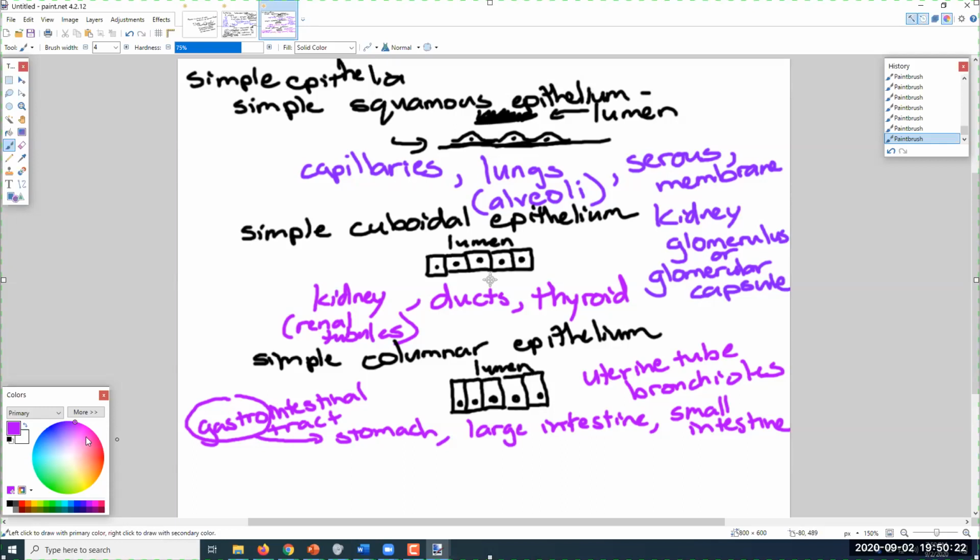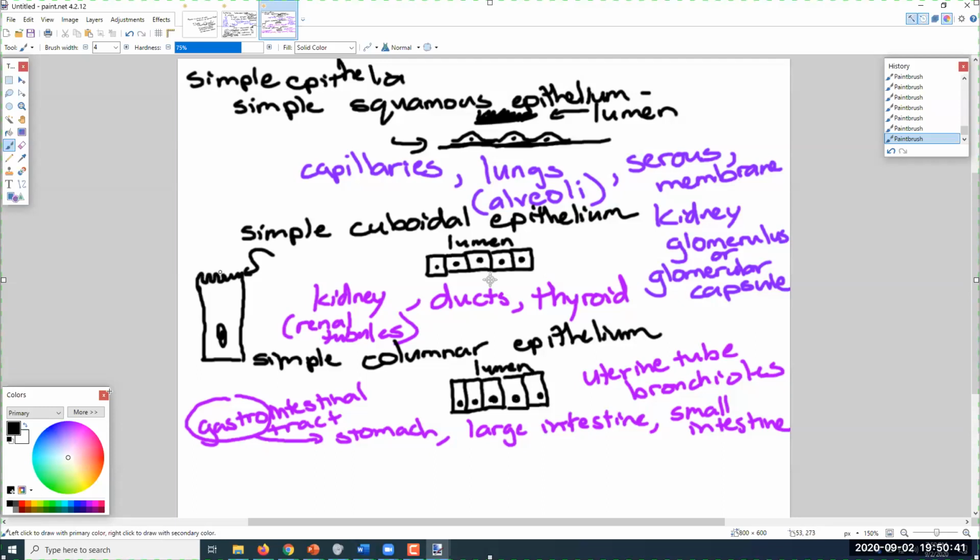And let me redraw one of these cells, okay? If I were to redraw and magnify it, it's going to look something like this. You'll notice that there are these little microscopic structures here.